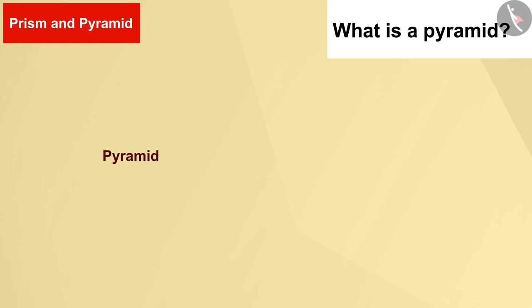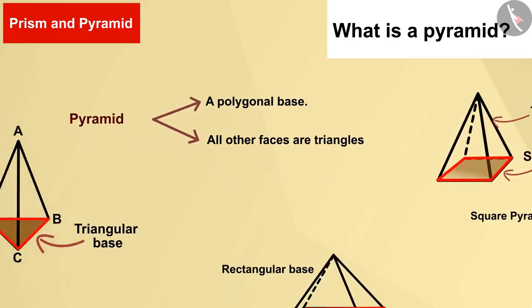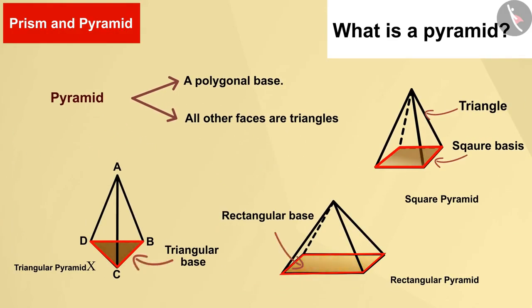The pyramid is a solid figure with a polygonal base, and all other faces are triangles. Pyramids are classified according to their base. Remember that all the faces in a pyramid are triangles except the base.